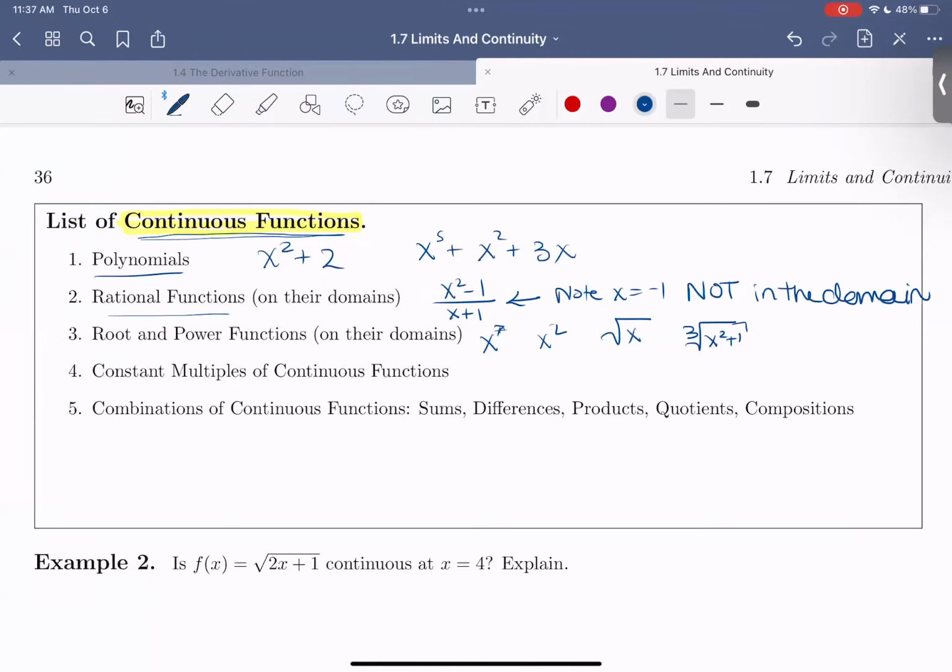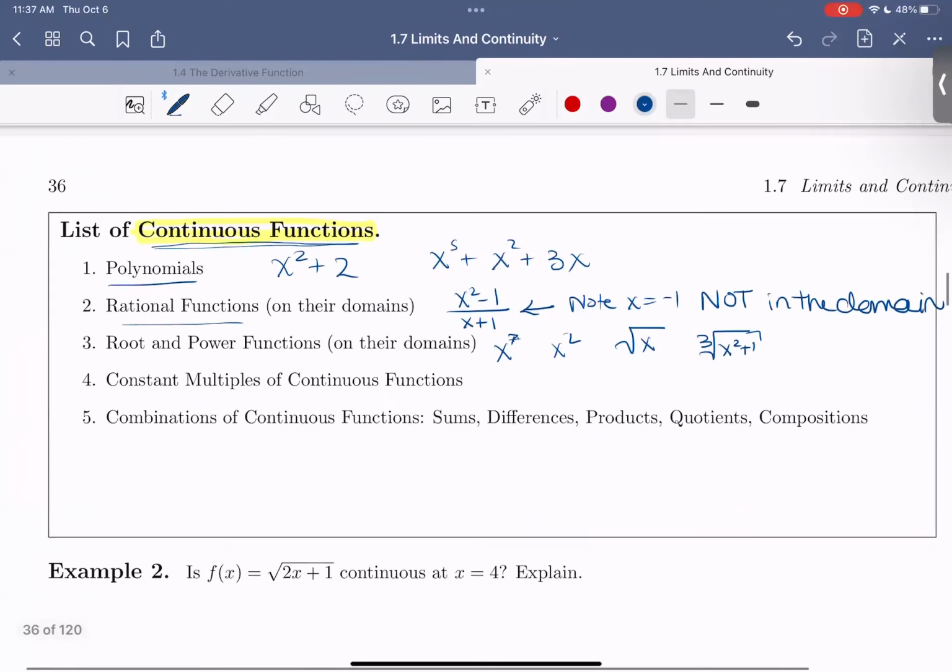So if we had a continuous function from up above, suppose f is continuous, then a times f is also continuous. Or if you want to see a number, 7 times f of x is continuous. And then combinations of continuous functions: sums, differences, products, quotients, and compositions.